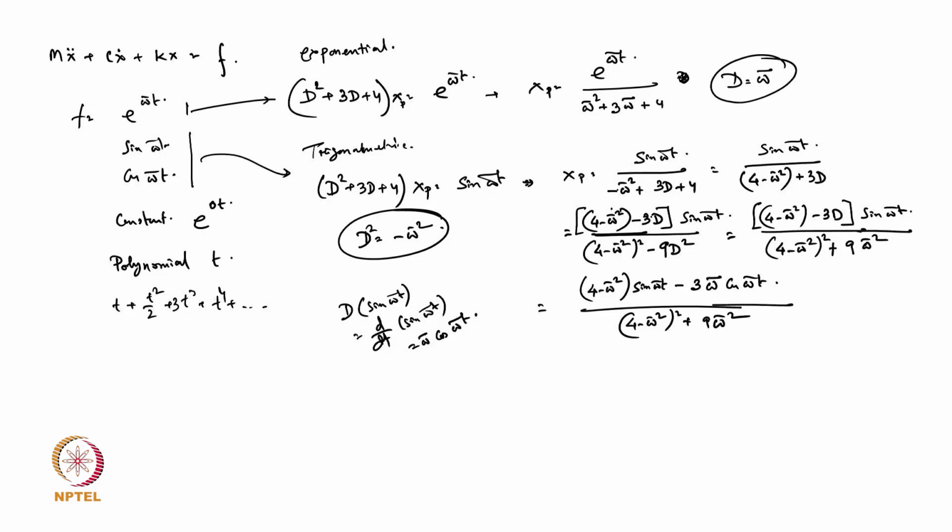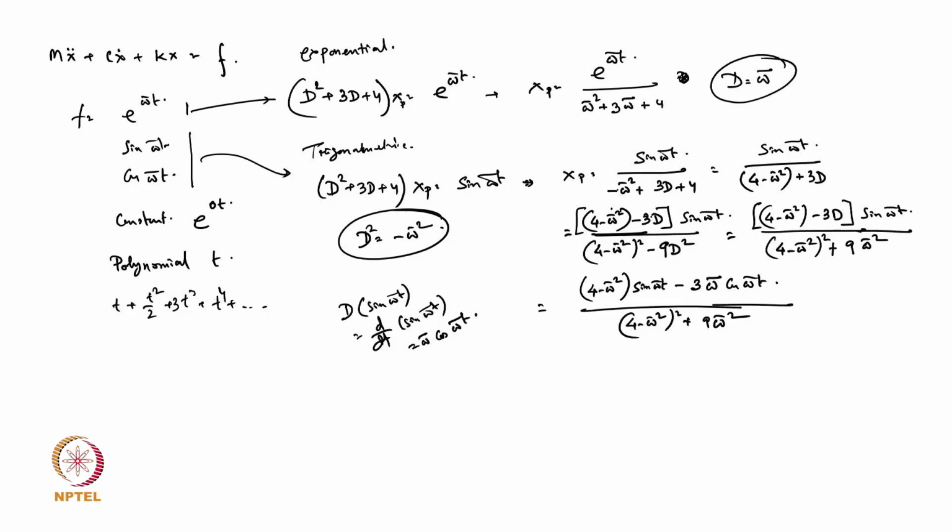So that will give the solution. Once the D operator is in the numerator, that's not a problem. D operator in the numerator is not a problem, but D operator in the denominator is a problem. So you can see how we are able to tackle the full thing.